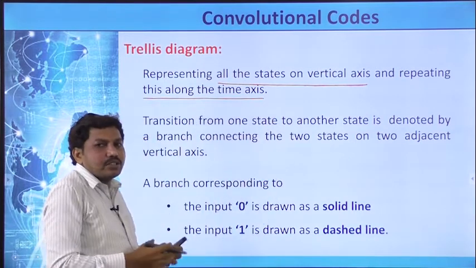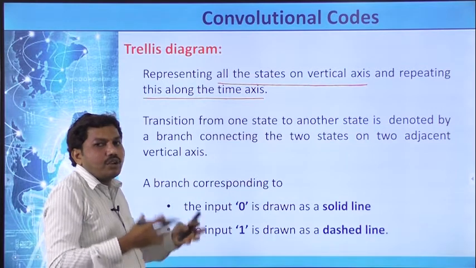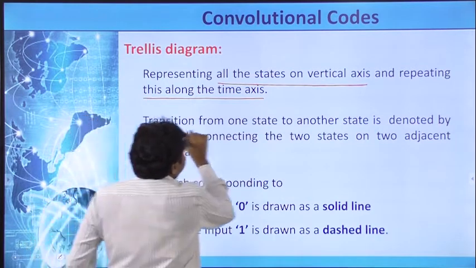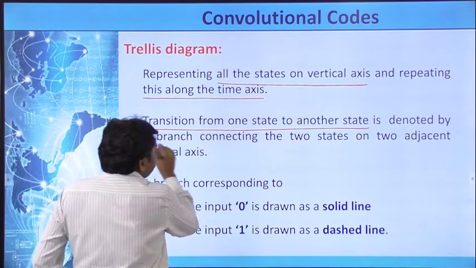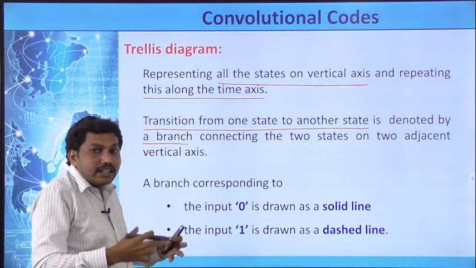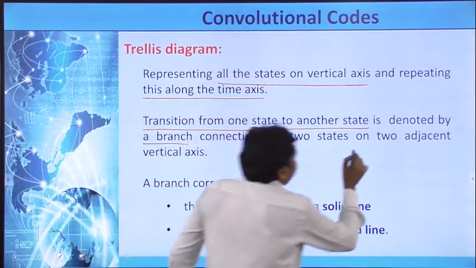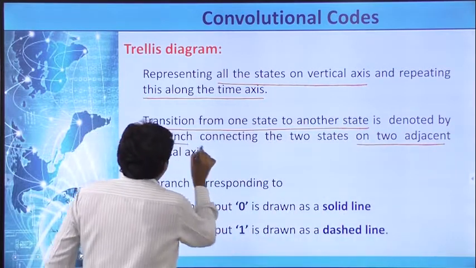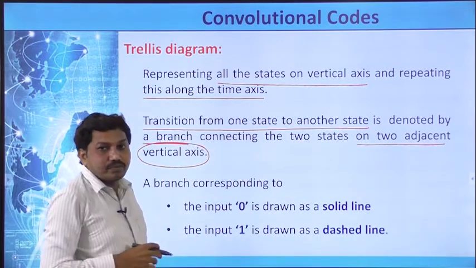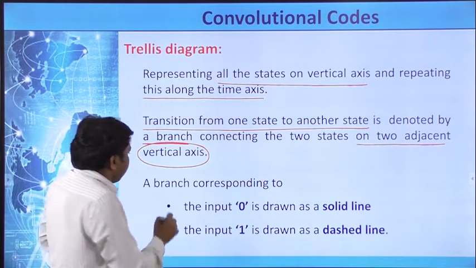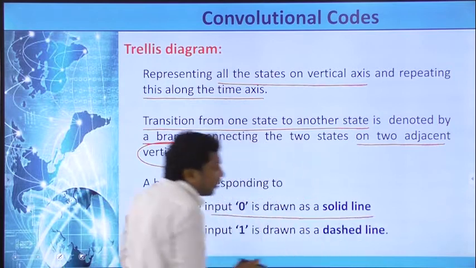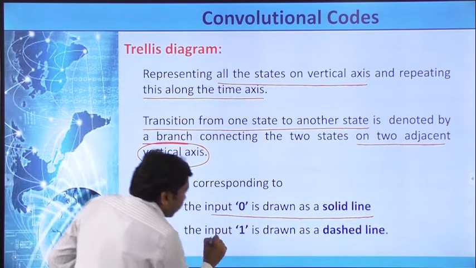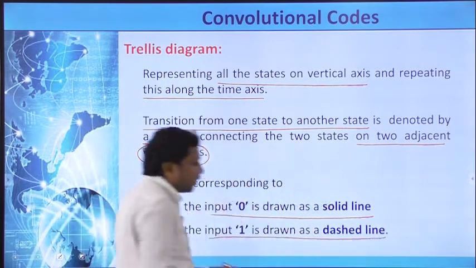The states are 0 0, 0 1, 1 0, 1 1. The transition from one state to another is denoted by a branch connecting the two states on two adjacent vertical axes. This is very important. When the input is 0, the branch is drawn with a solid line. When the input is 1, it is drawn with a dashed line.